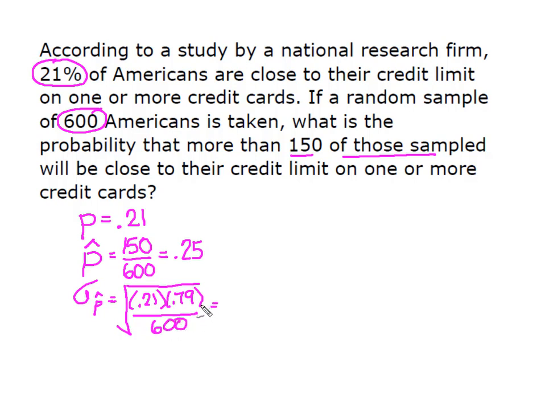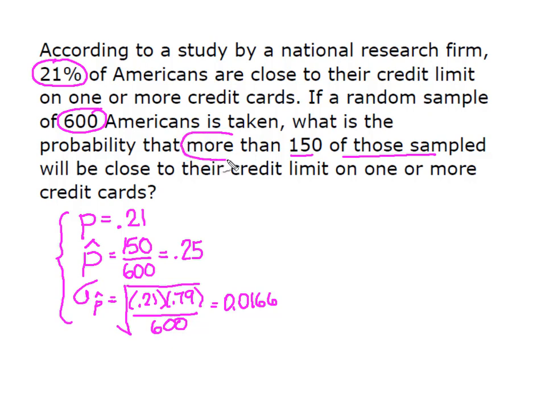So when I find 0.21 times 0.79, I then divide it by 600, and only then do I take the square root. I find that the standard deviation, or the standard error of the proportion, is 0.0166.